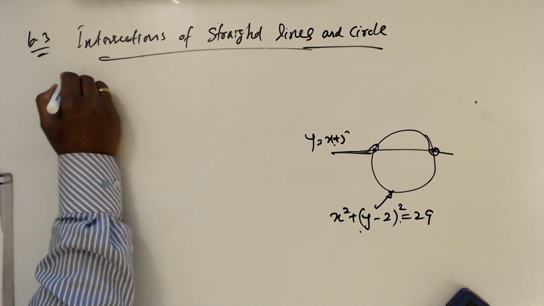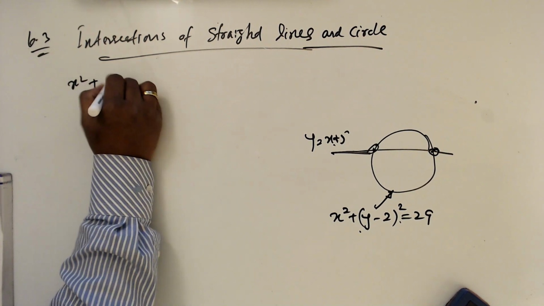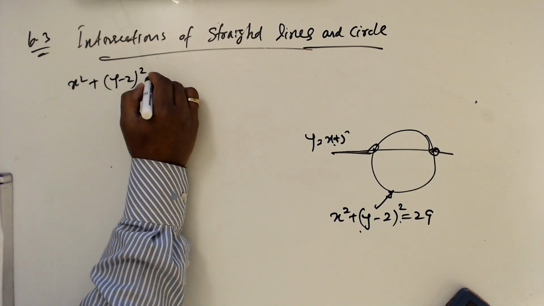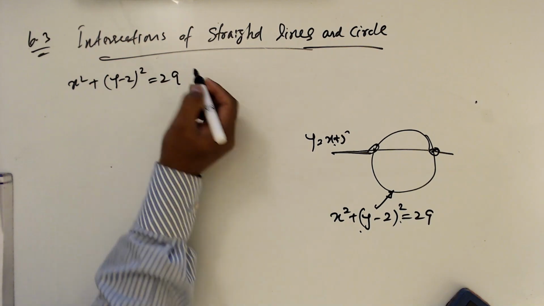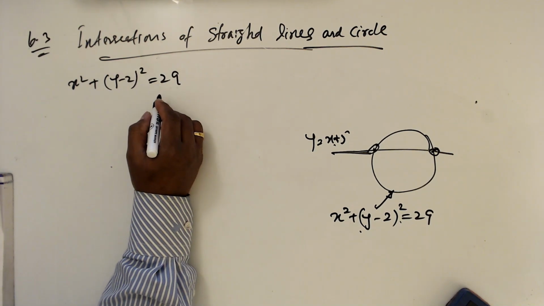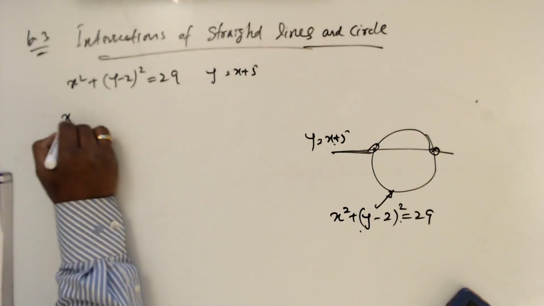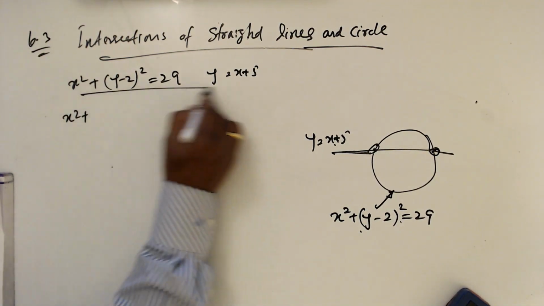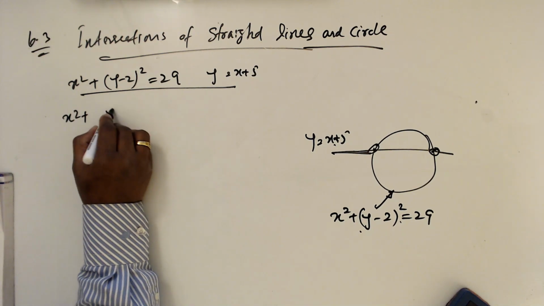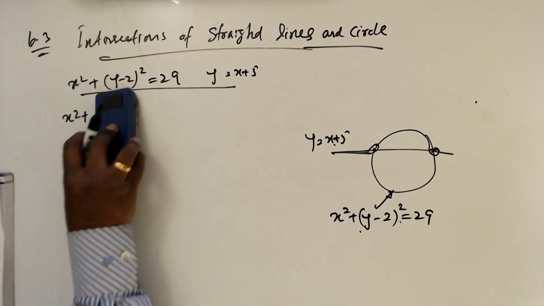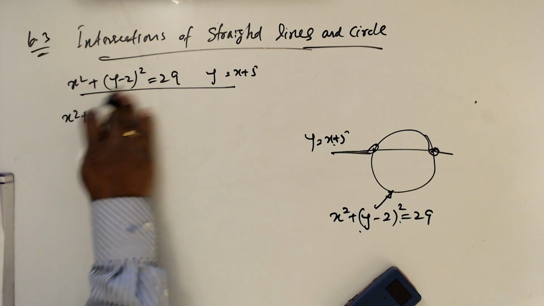Now we have x square plus (y minus 2) square equal 29 and y equal x plus 5. Then I'm going to solve simultaneously. Now I know what y is. Y is x plus 5.